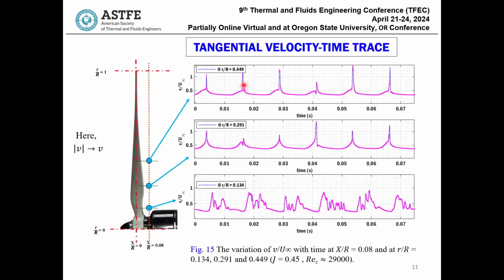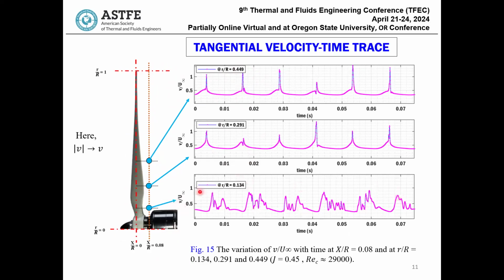For the tangential velocity time trace, V is the instantaneous tangential velocity, non-dimensionalized with the free stream speed again. Here you can see there is not much acceleration or deceleration in the laminar part, even very close to the mid radius region at the same plane, but there is an increment in the swirl.